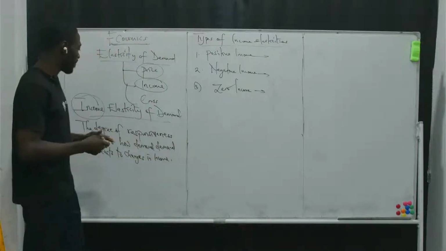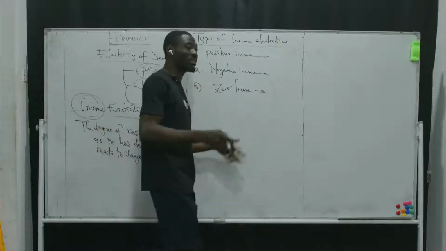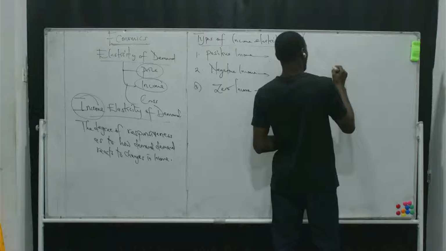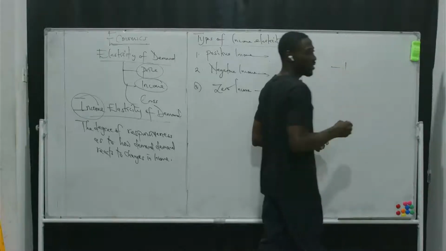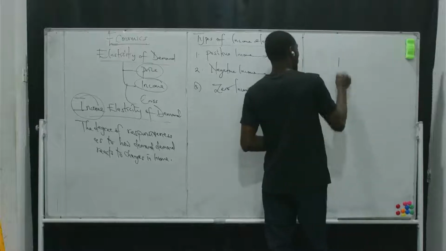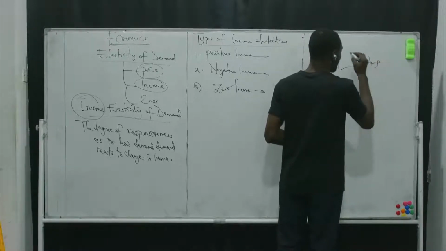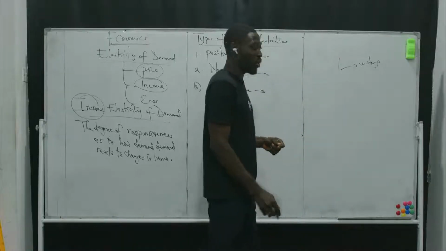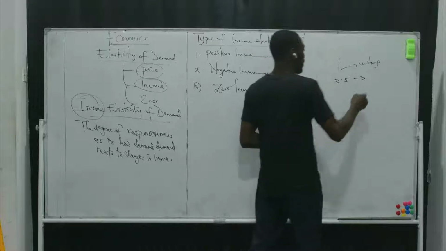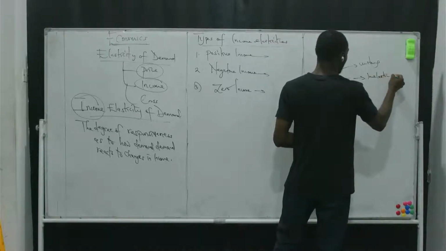Now, unlike for price elasticity, where you can easily tell that, oh, this is elastic. For example, if you solve a question for price and you get 1, we just easily say the answer is interpreted as unitary. Or if you get something like 0.5, you simply say it is fairly inelastic or just inelastic.